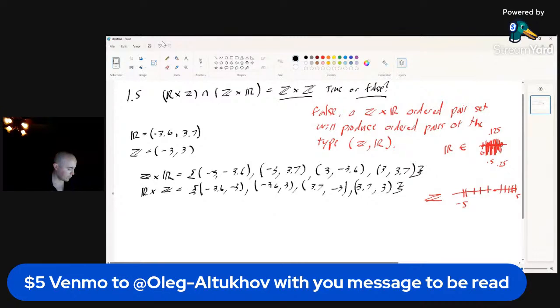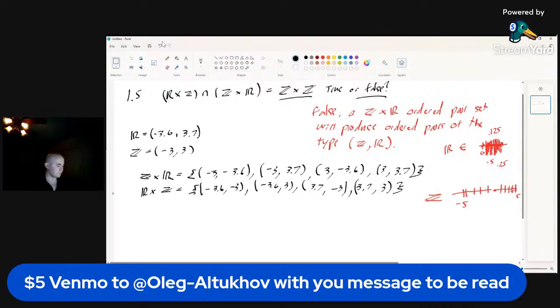The union. Well, let me try. What if I did the union of this instead of the intersection? So anything goes. We add them all up together.